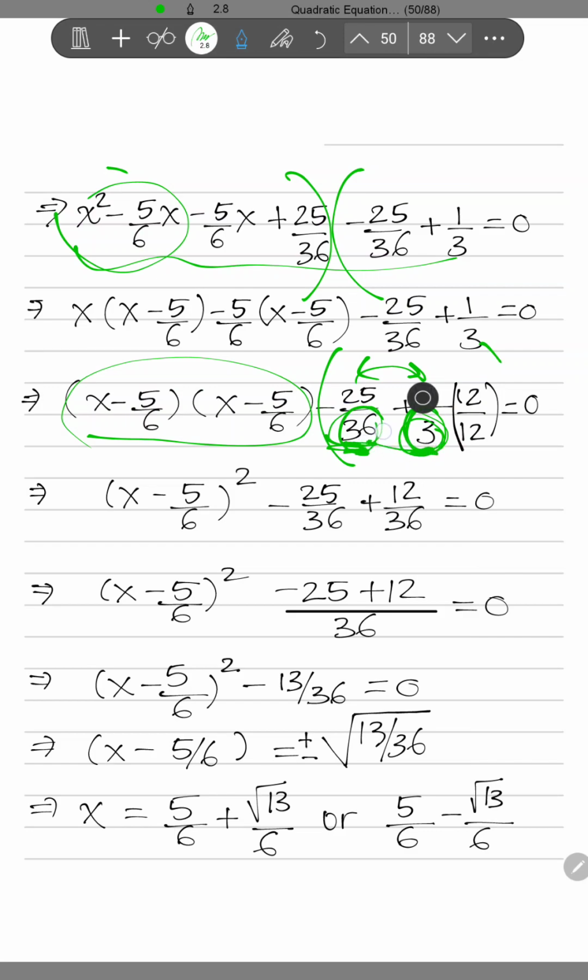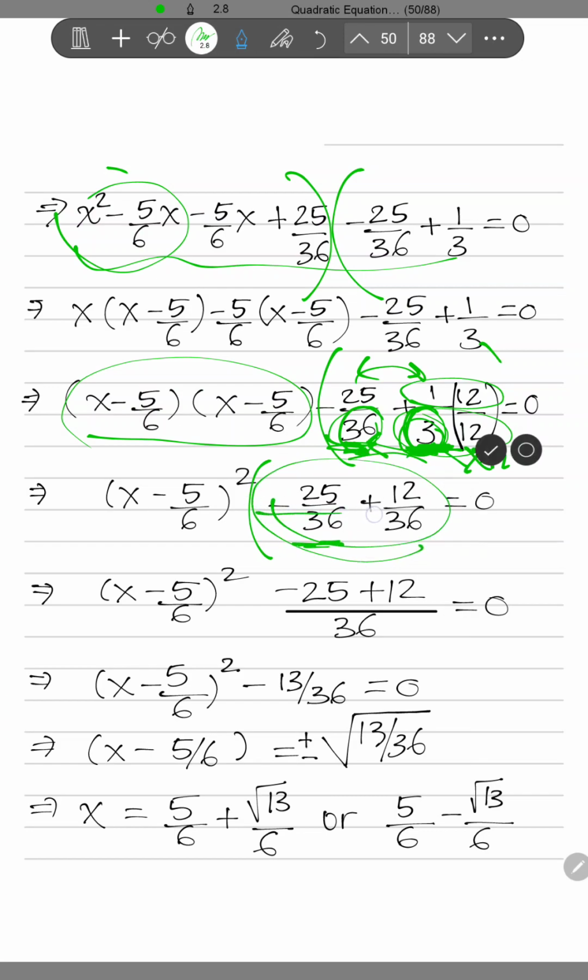So for 3 to be the same as 36, we need to multiply that with 12. When we multiply the denominator by 12, the same number we have to multiply the numerator by 12. So this one is what? Minus 25 over 36 plus 12 over 36.